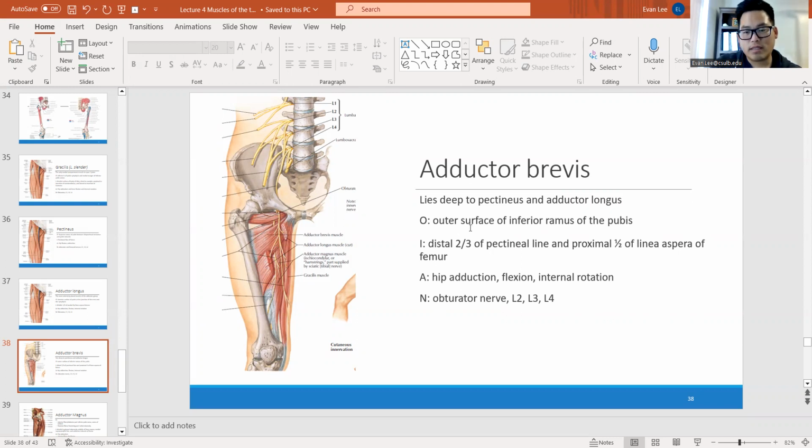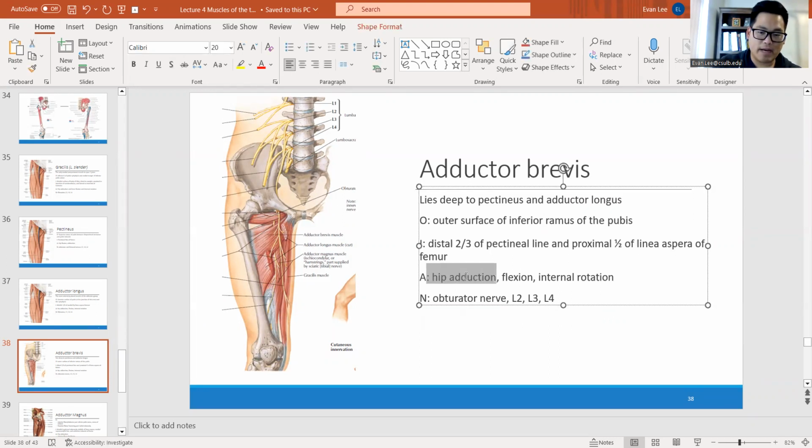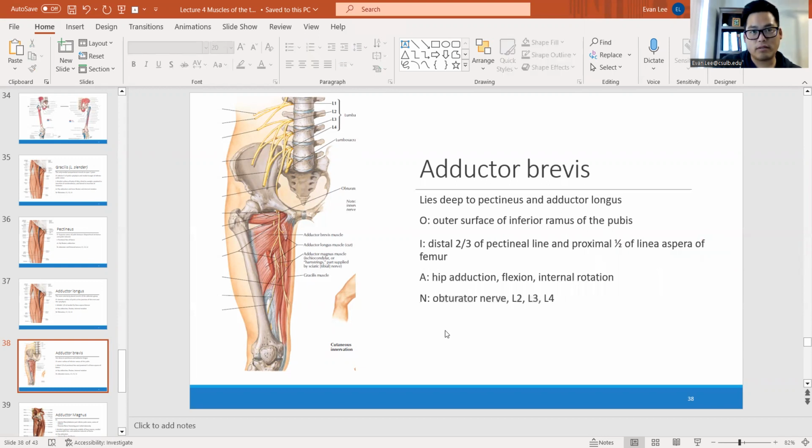So this is going to be along the inferior ramus of the pubis, but then it's going to go along the pectineal line and the linea aspera. So just like adductor longus, though, it helps with hip adduction, hip flexion, and hip internal rotation. And then also, like adductor longus, it is innervated by obturator nerve L2, 3, and 4.